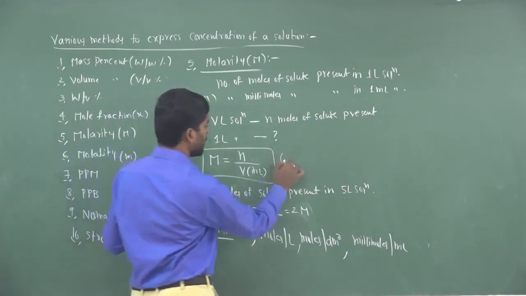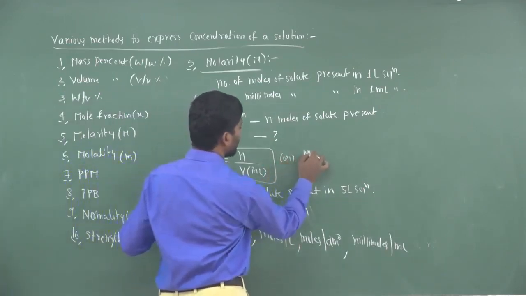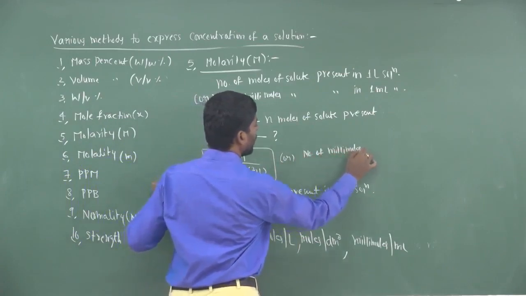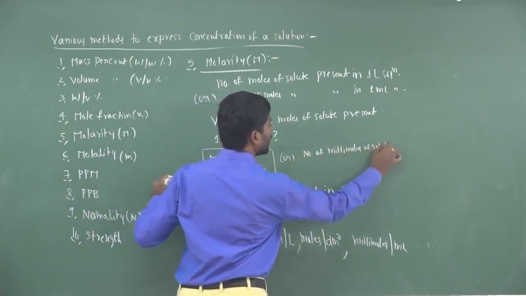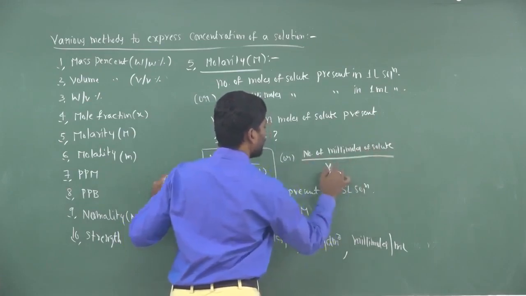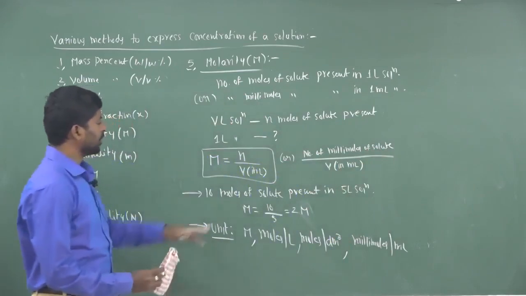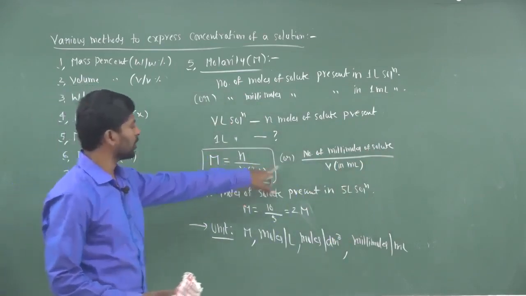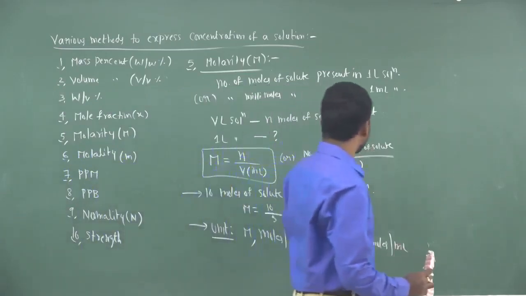Here if you take millimoles of solute, the volume we have to substitute in ml. So molarity is number of moles by volume in liters, or number of millimoles of solute by volume in ml.